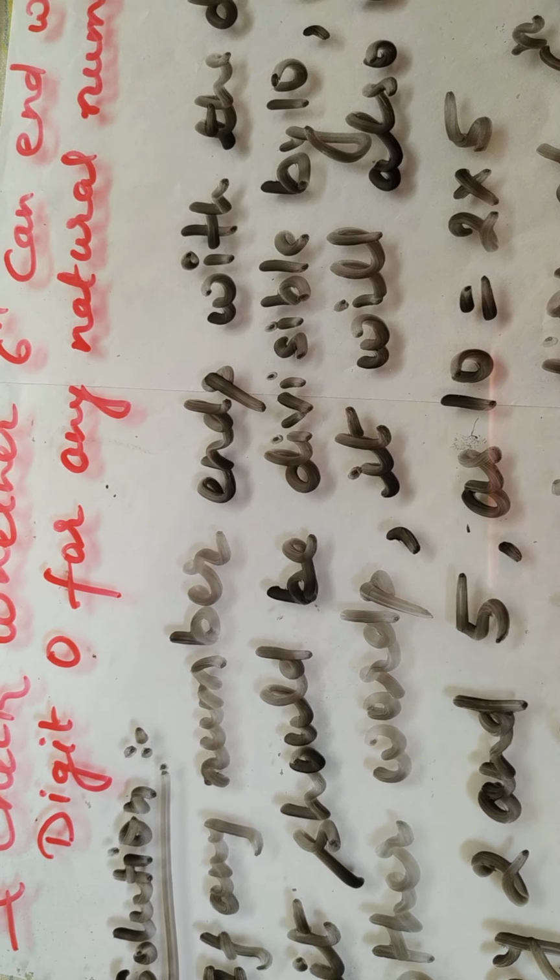But we all know the prime factorization of 6 is 2 into 3. So we can write the prime factorization of 6 to the power n is equal to (2 into 3) whole to the power n.